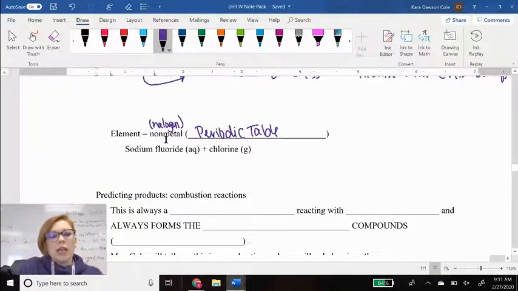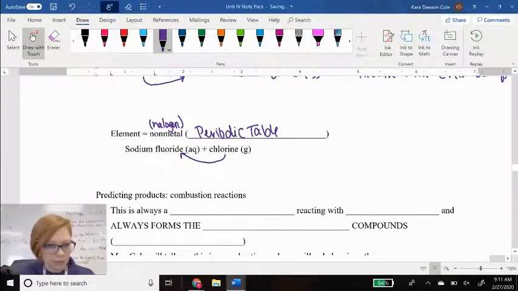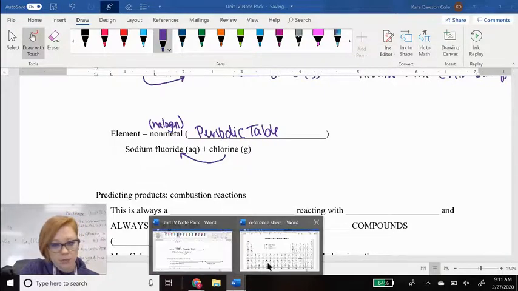So here I have sodium fluoride and chlorine. I need to make sure that chlorine is higher on the periodic table than fluorine. Notice I've got chlorine here, and it's trying to replace the fluorine in the sodium fluoride. So I go to my periodic table.